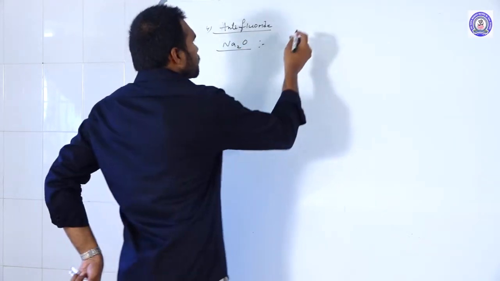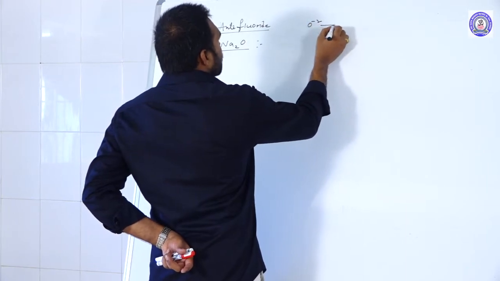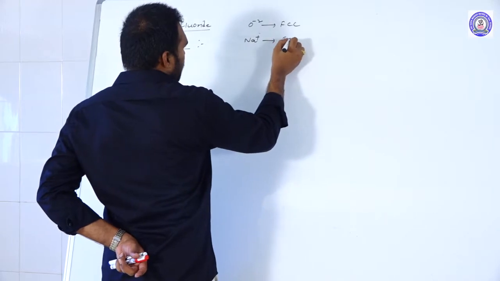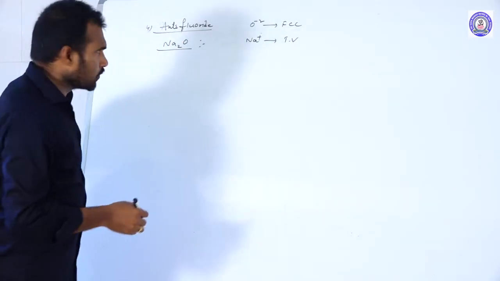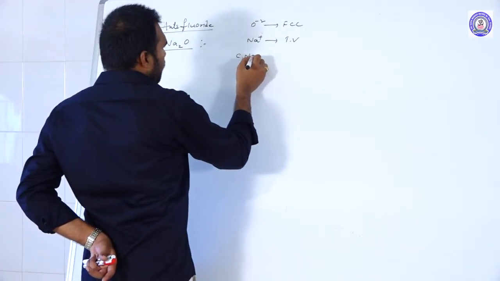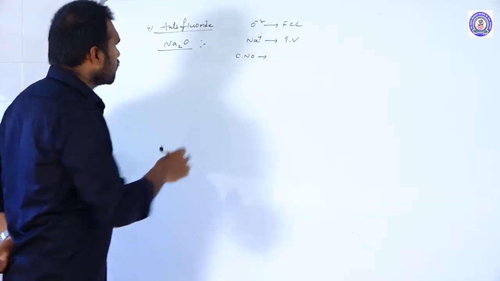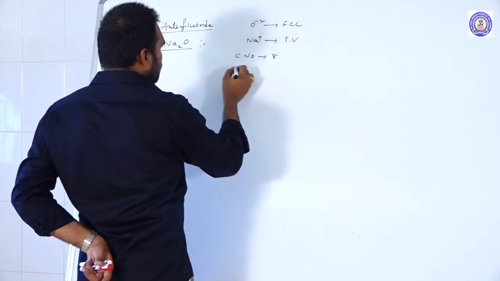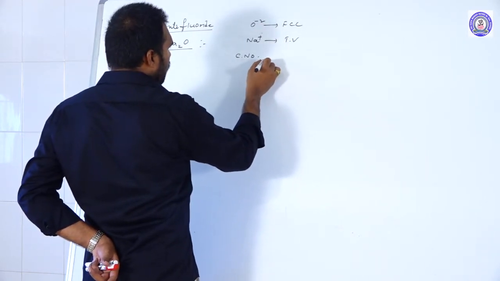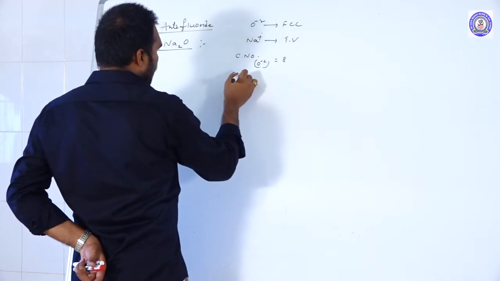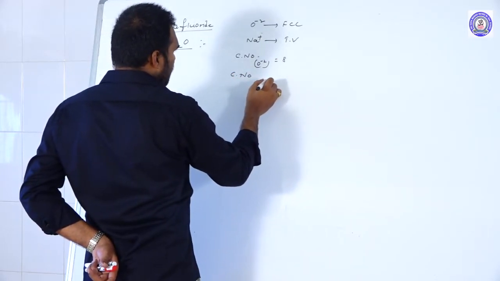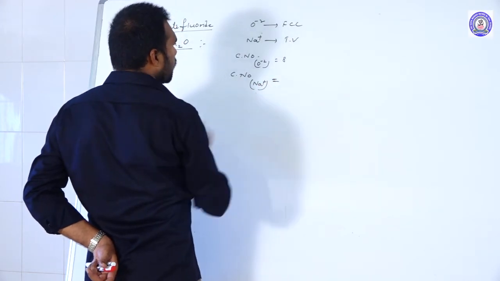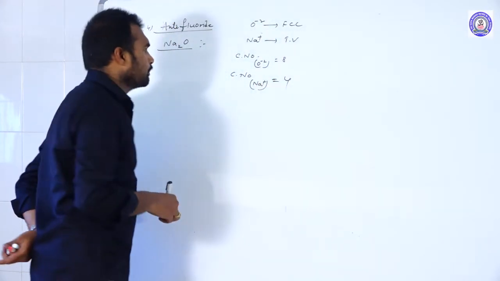So the oxide ions form the FCC lattice, and Na plus ions occupy the tetrahedral voids. For the coordination number, that of oxide is 8, and the coordination number of Na plus is 4.